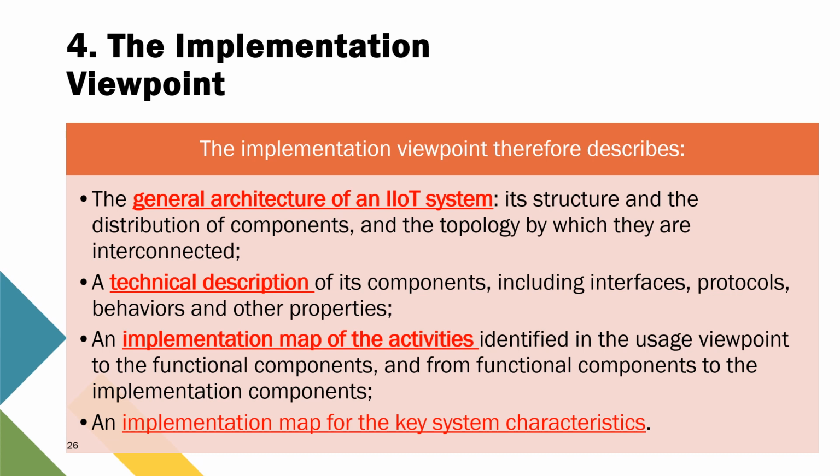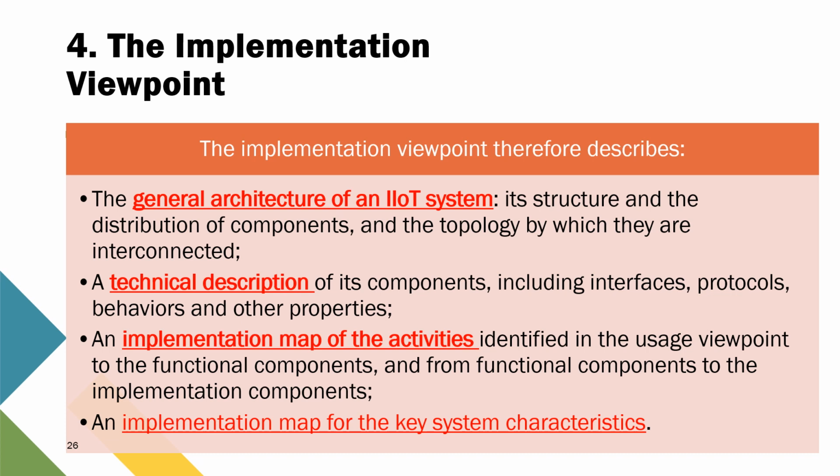And then an implementation map of the activities. Previously, in the earlier viewpoints, we had to consider what the usage will be, and then we created the activities that need to be done in order to realize the objective of the business.